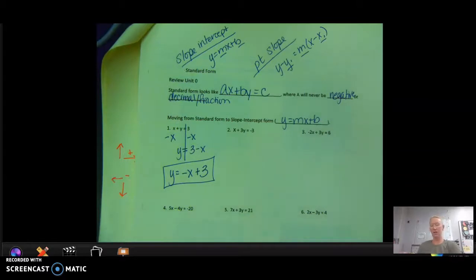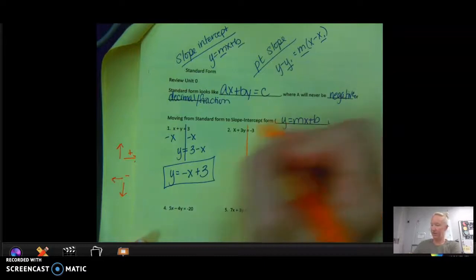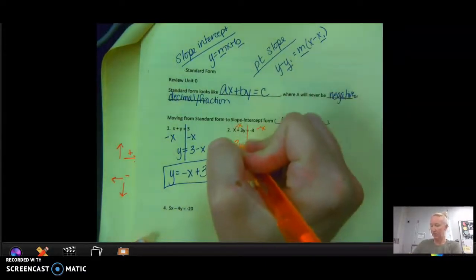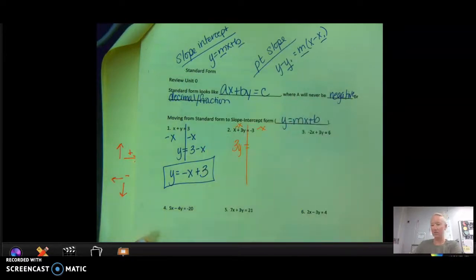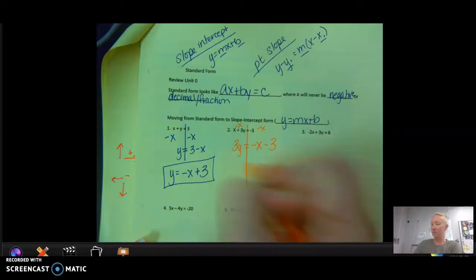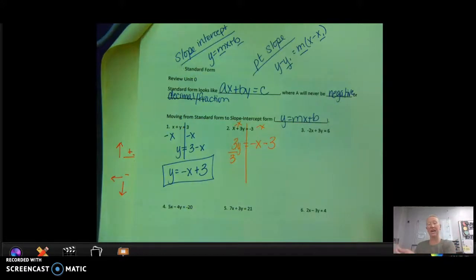Okay, let's try number 2. Put my brick wall. Again, I want to get y by itself, so I'm going to subtract x from both sides. I get 3y equals, and I'm going to put the x first to start with, so negative x minus 3. Now I'm going to divide by 3. What I do once, I have to do to the other side, and I have to do it to everything over there.